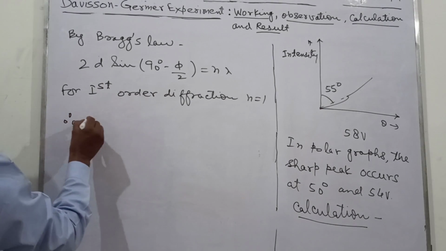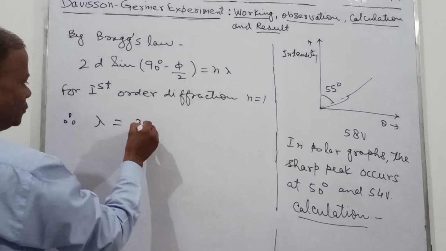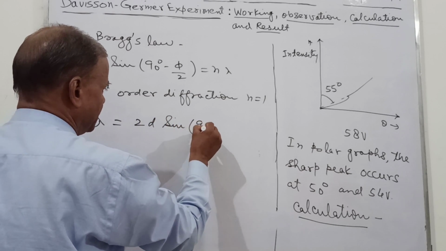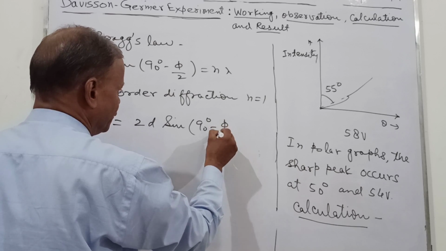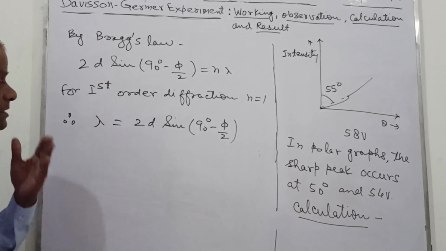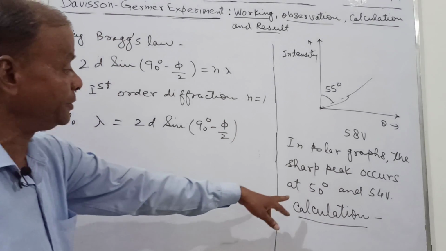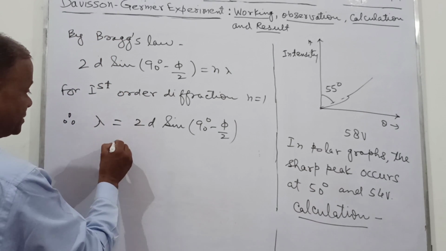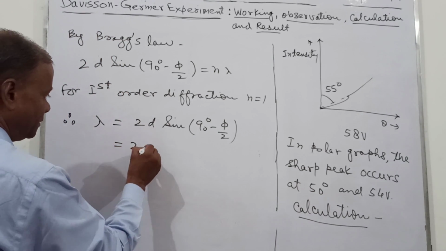Therefore, λ = 2d sin((90° − φ)/2). φ is the angle of diffraction, and this is given to us as 50 degrees. So now you use it.